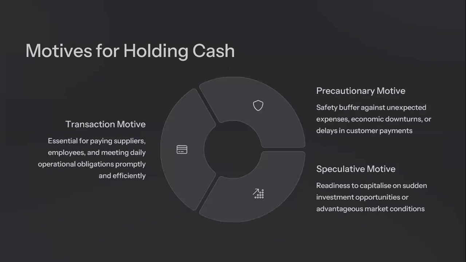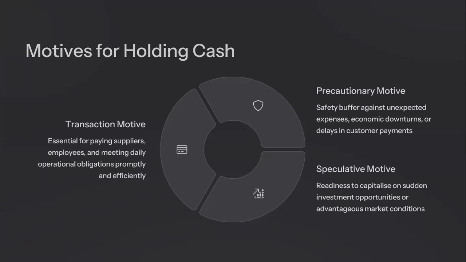Okay. Why do you hold the cash? One is the transaction motive, second is precaution, and third is speculation. The transaction motive talks about needing cash for completing my transactions by honoring my payments. The precautionary motive talks about safety purpose, where I hold some cash so that if any urgency arises, I am able to pay.